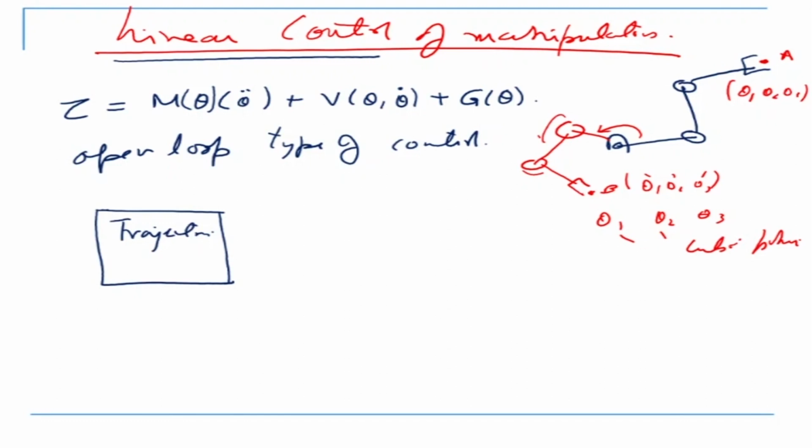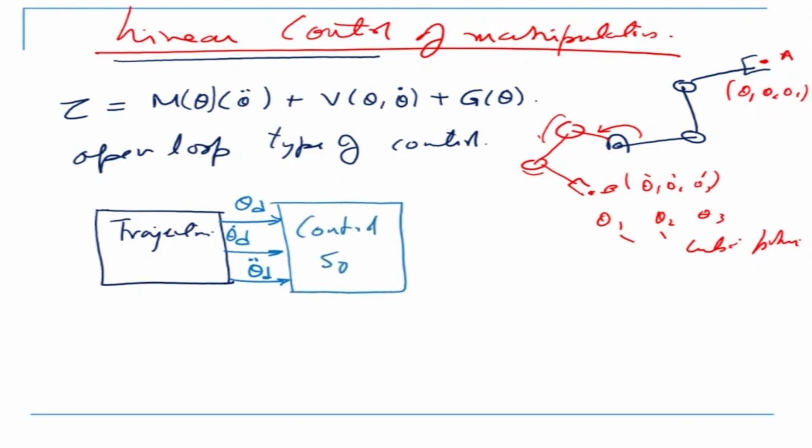The trajectory generator generates theta d, theta d dot, and theta d double dot: position, velocity, and acceleration. This goes into the control system, which provides the torque using this equation. It takes this and feeds it to the dynamic equation and gets the torque that is required at the joints.